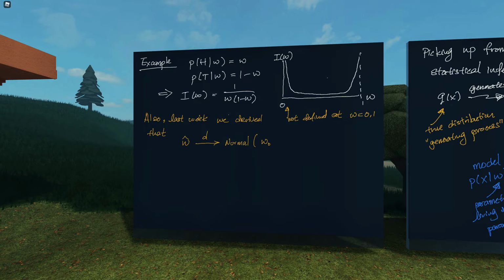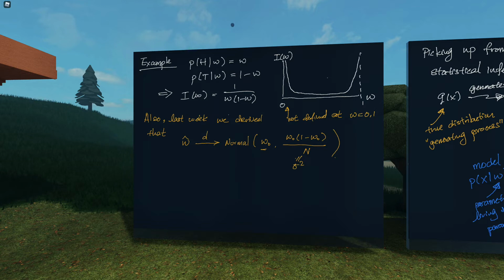So that's the unbiased statement, that the MLE is an unbiased estimator of whatever the true value is. And the variance was computed last week using the variance of the binomial distribution, and it's equal to this expression.